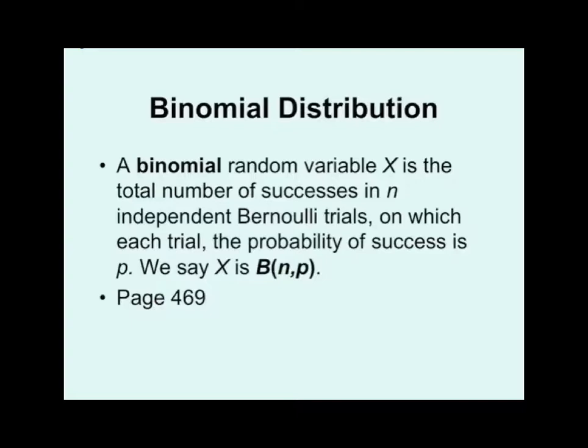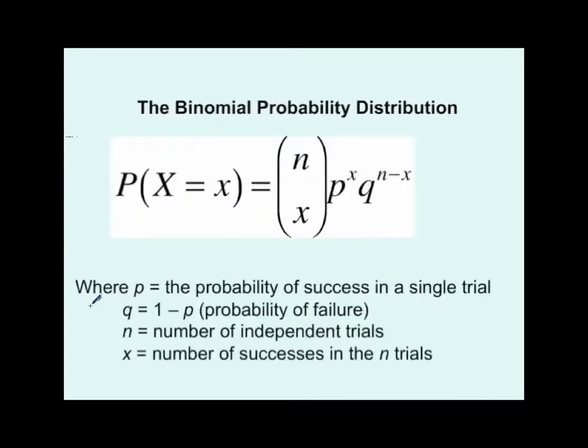Let's go ahead and take a look at part of that, and that's the calculating formula to actually calculate a binomial probability. Okay, so p is the probability of success in a single trial, q is the probability of failure in a single trial, n is the number of independent trials, and x is the number of successes in the n trials.